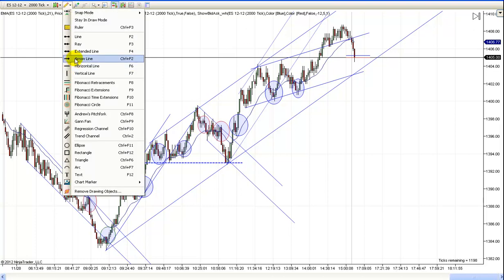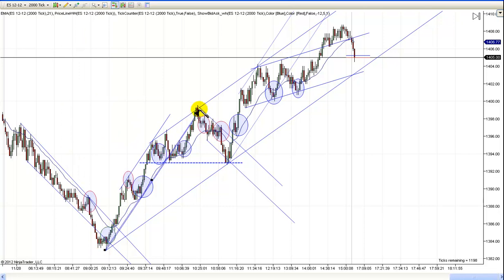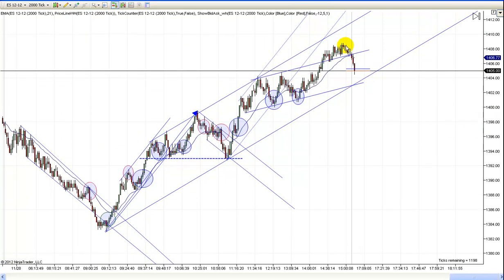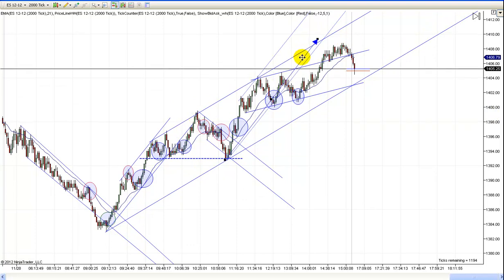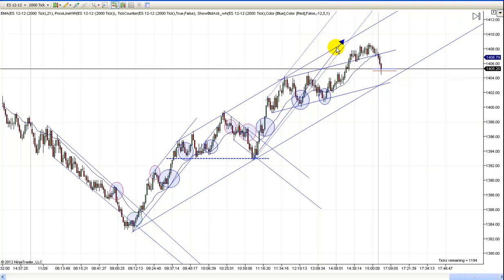Let's look and see what we got right here. There's your leg. So what we ought to be thinking is our target's going to be similar to this leg right here. You move it up and look at that. We didn't quite get there, but we got real, real close. And so that's what I was using for my target on any entries on the upside.